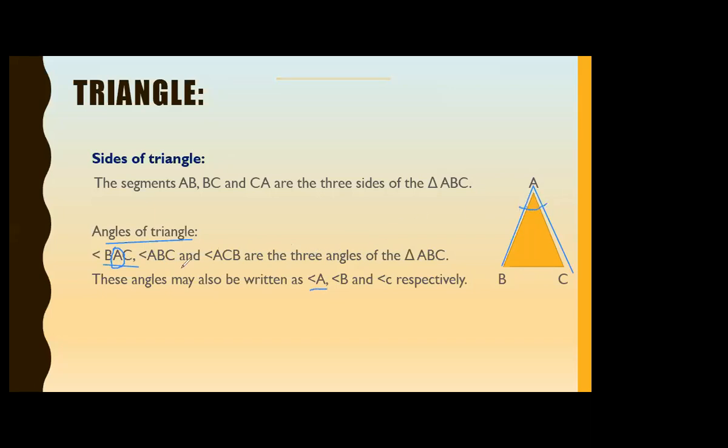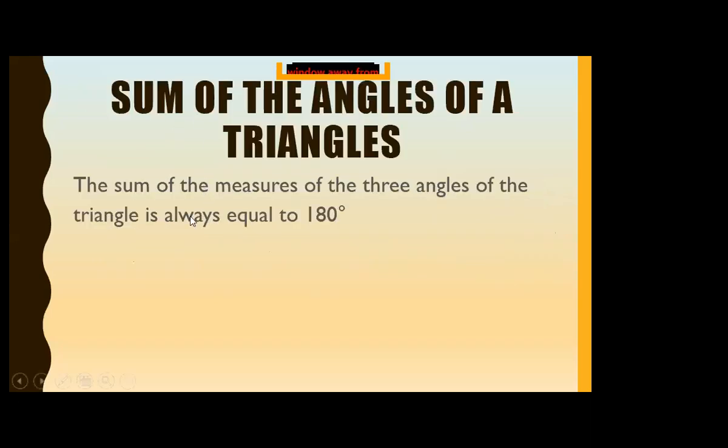That means angle A is given. What about ABC? In angle ABC, we are talking about angle B, and in ACB we are talking about angle C respectively. Clear? So these are called the angles of the triangle.